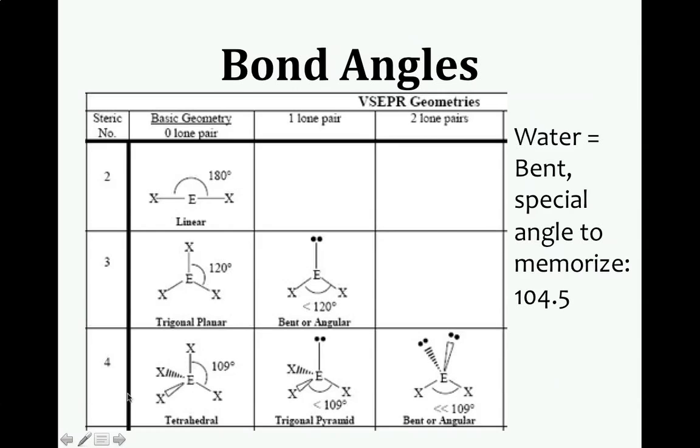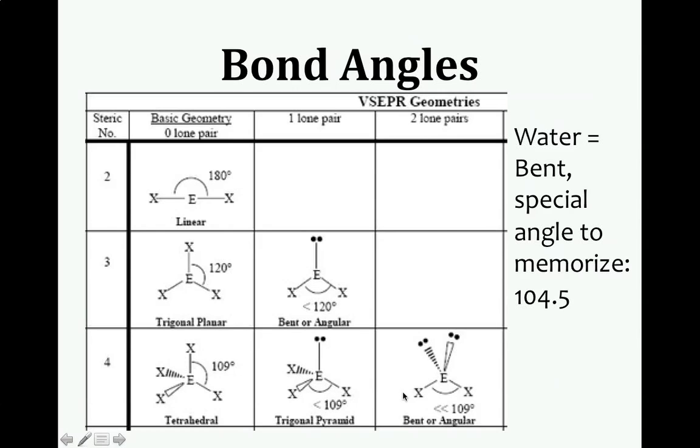Now we've got our 4 electron clouds, and we had a couple of options for that. We had it where all 4 of them are bonds, tetrahedral. Those are 109, or actually 109.5 is a better way for you to memorize that, 109.5 degrees. If we have trigonal pyramid, so the 4 electron clouds but only 3 of them are bonds, it's going to be less than 109 degrees because that unbonded electron pair is pushing those closer together.